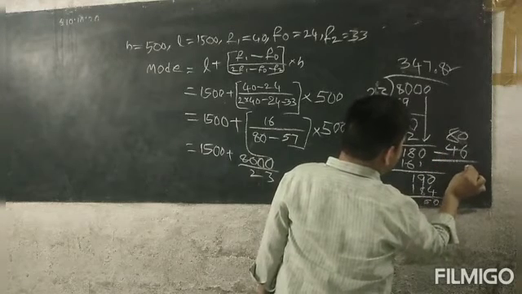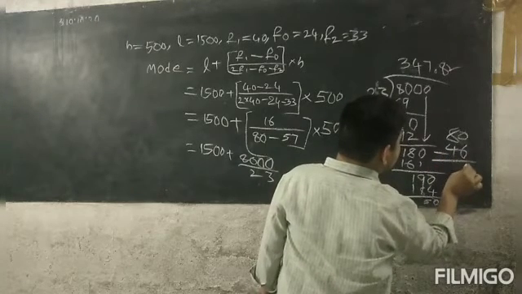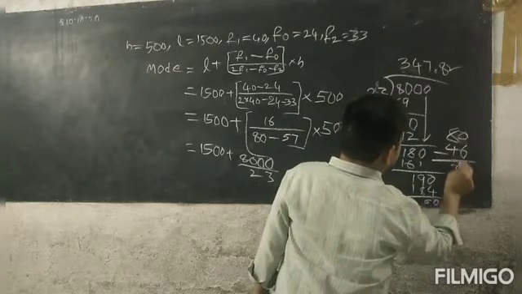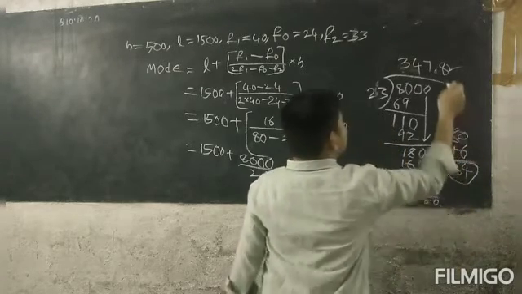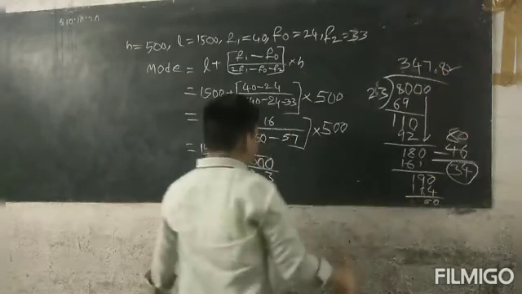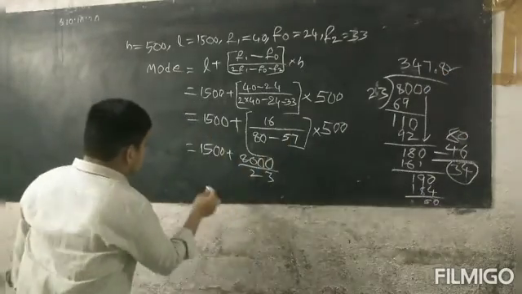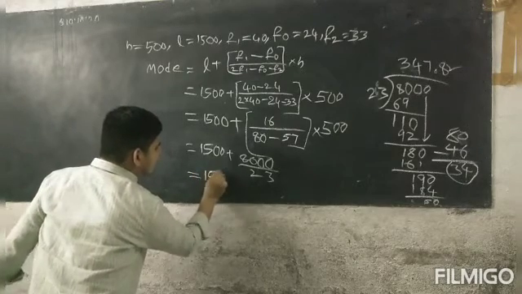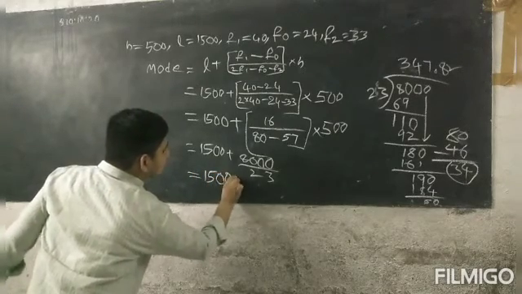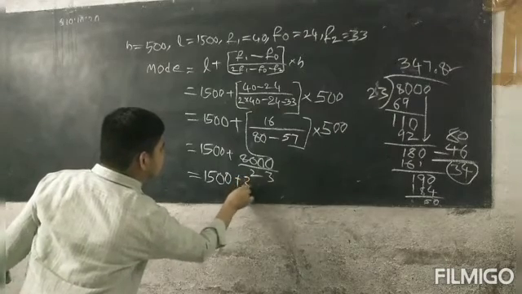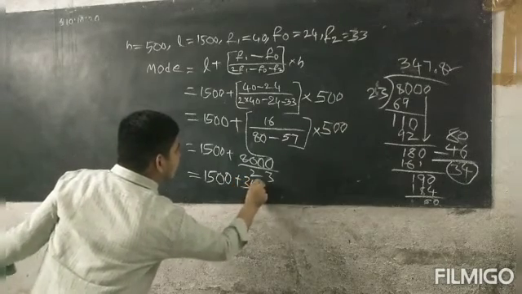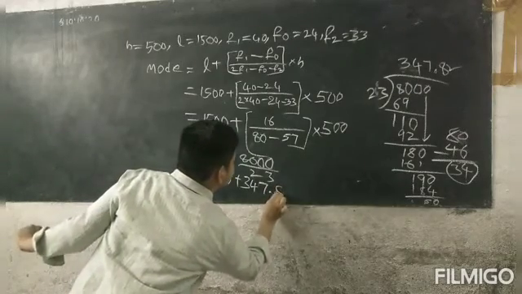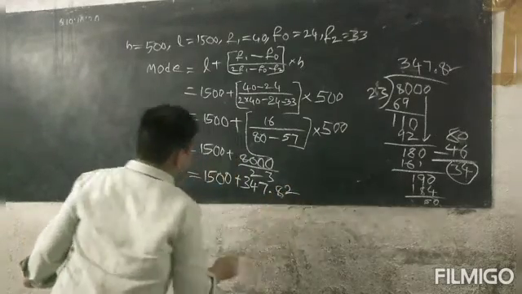So 80 minus 46 is 34, the remainder. Answer equals 1500 plus 347.82.